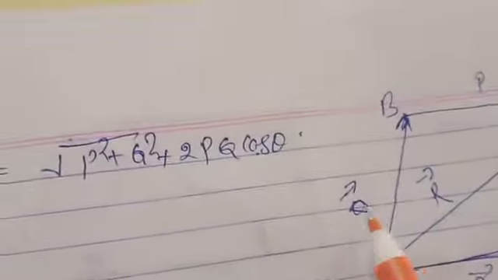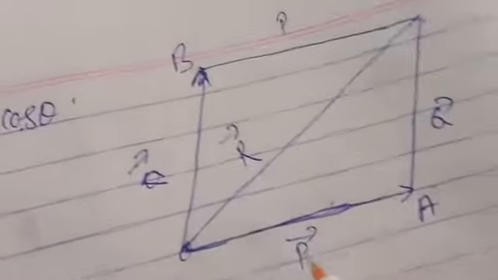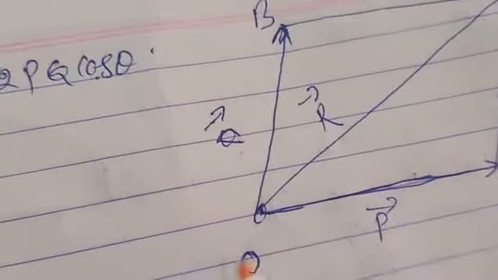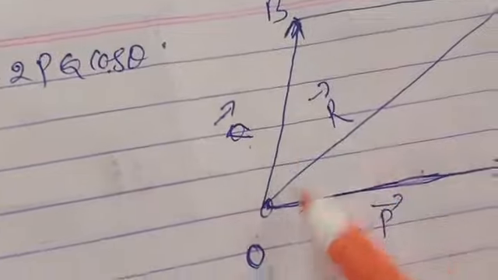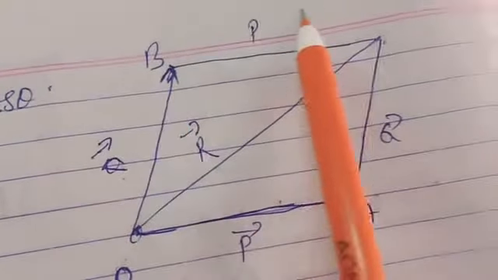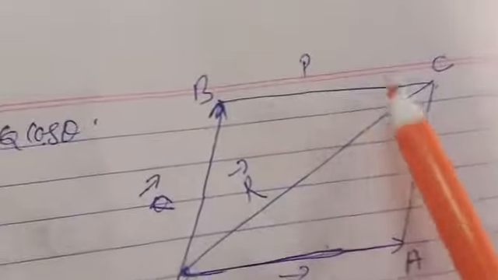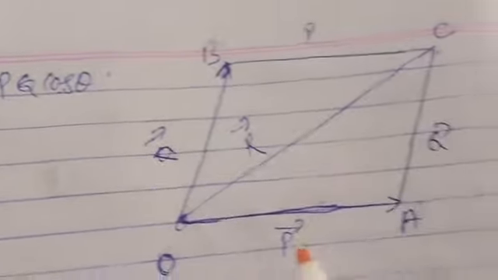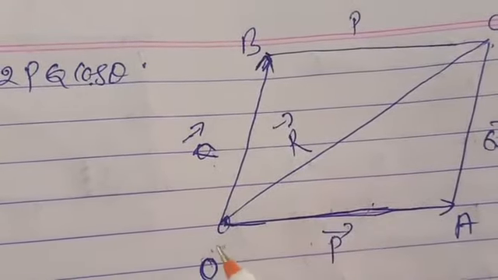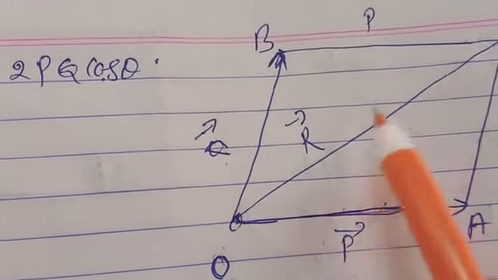Suppose P and Q, two forces, act simultaneously at the point O. If we draw a parallelogram using P and Q, with this point A, this point O, and this B, and we draw OA parallel to BC and OB parallel to AC, we get a parallelogram drawn by P and Q. Then we get a diagonal OC.